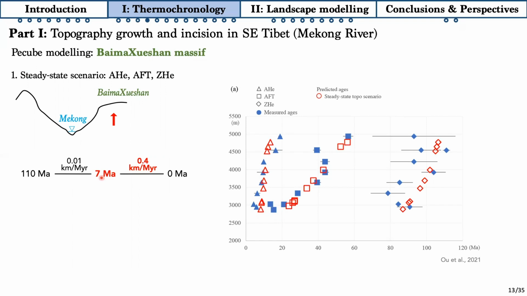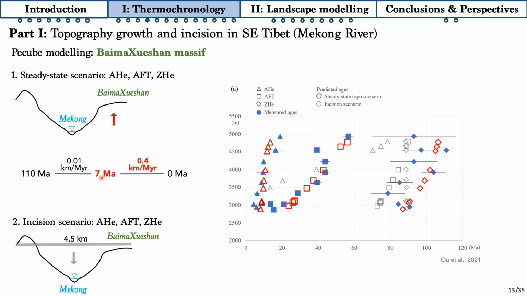And next, in order to decipher the role of the Mekong River incision during the exhumation of the Baimei Shishan, we implemented an initial plateau of 0.5 kilometer, which evolves into the modern present topography.